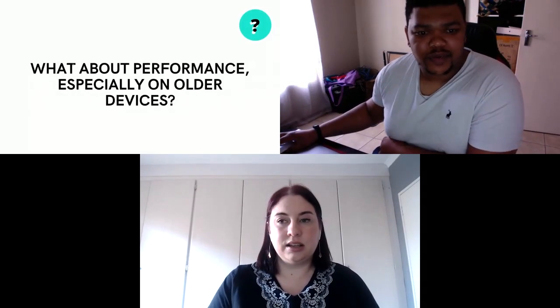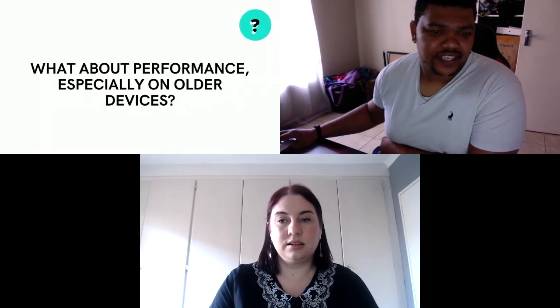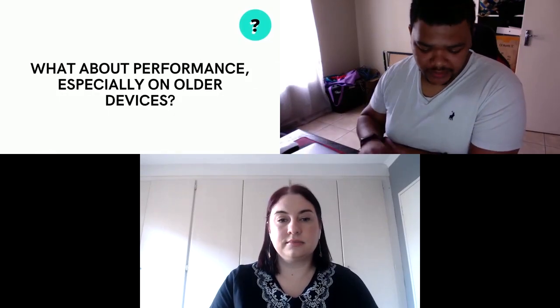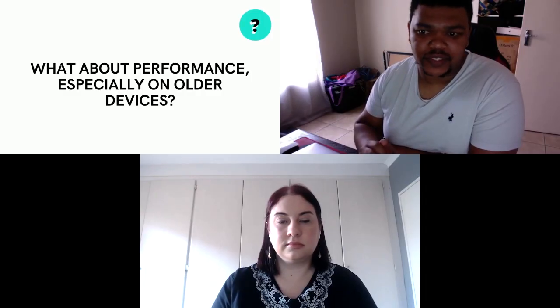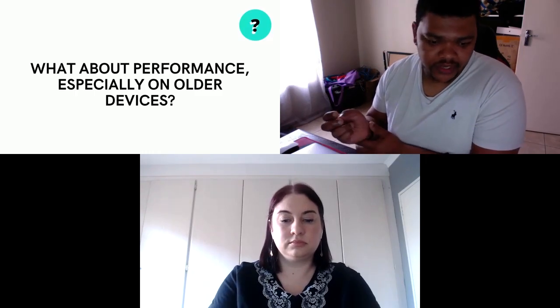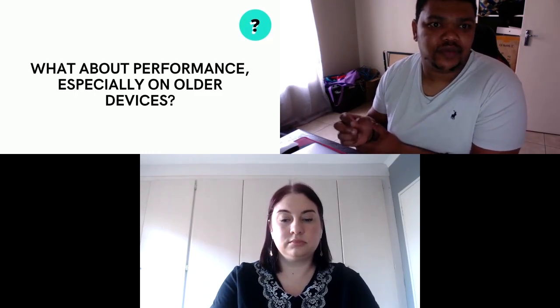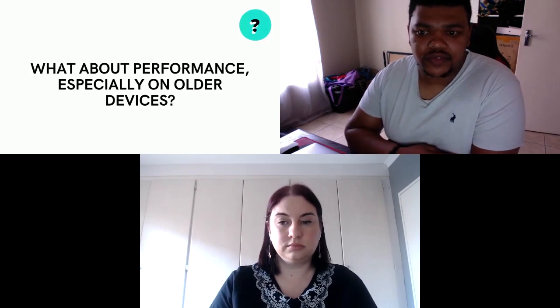Cool. So what about performance, especially on older devices? So I'm going to start off with iOS. On older devices, there's not really any kind of performance issues with iOS and SwiftUI. They've optimized it really, really well to pretty much work just as well as the old view system.